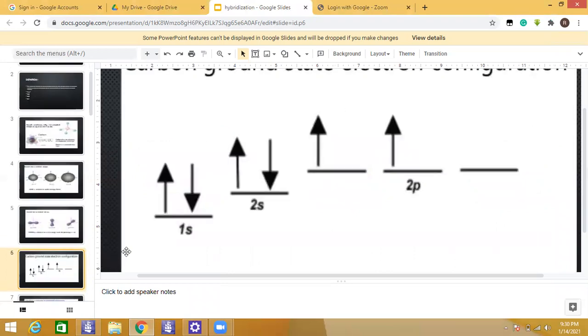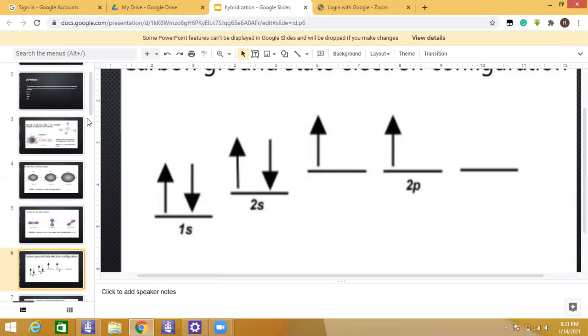Now, carbon's atomic number is 6, so its configuration is 1s2, 2s2, 2px1 and 2py1, and 2pz is vacant.